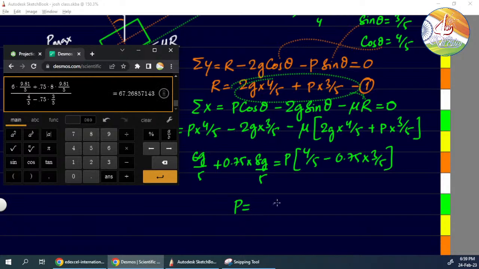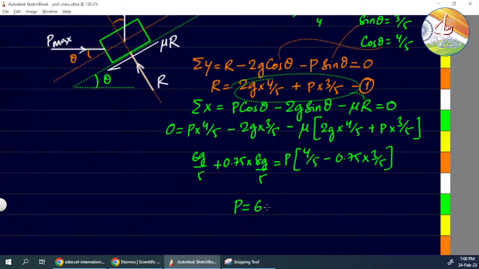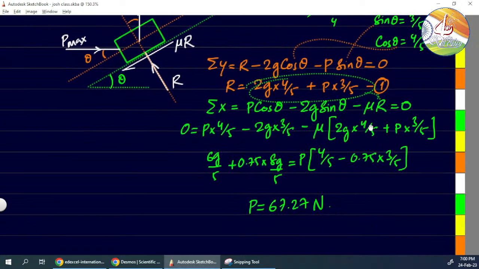We are getting 67.27. If you substitute this value, you will get the value of R.